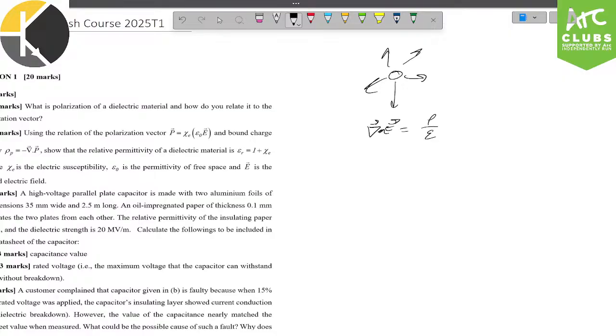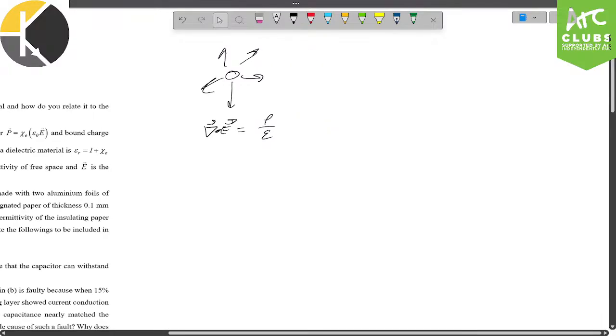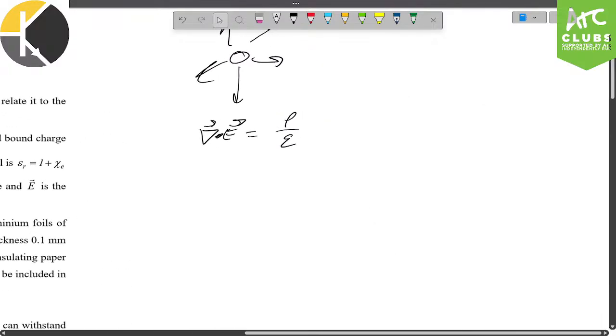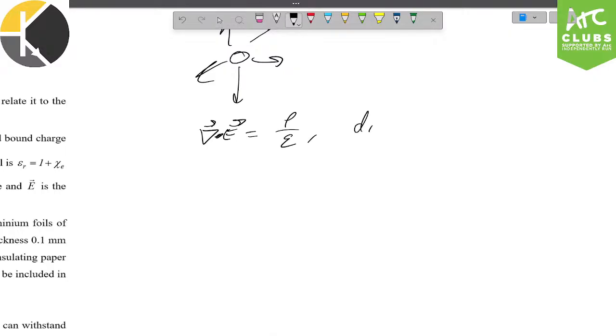This comes up very much in terms of how we identify solutions for certain electrostatic problems, but more importantly, we have the divergence theorem. Just a little vector calculus sum up.